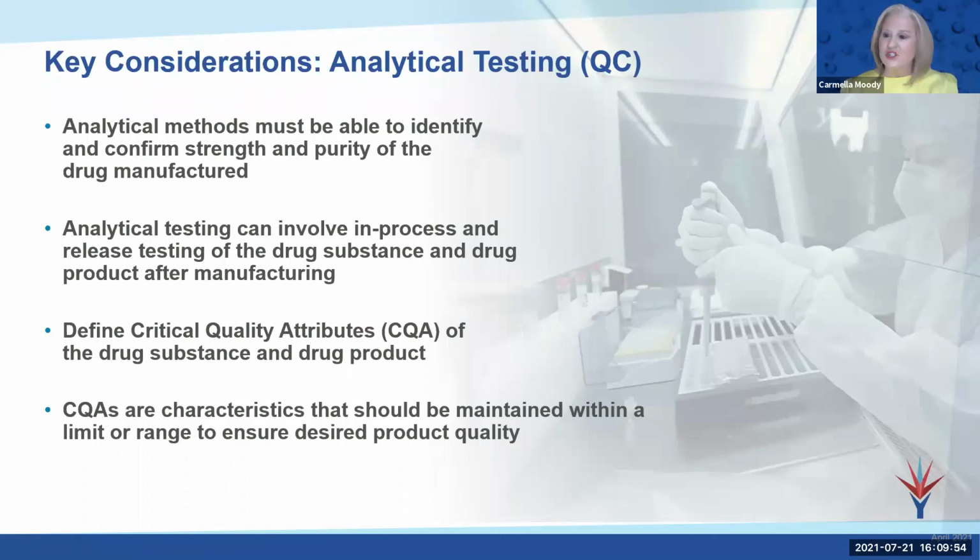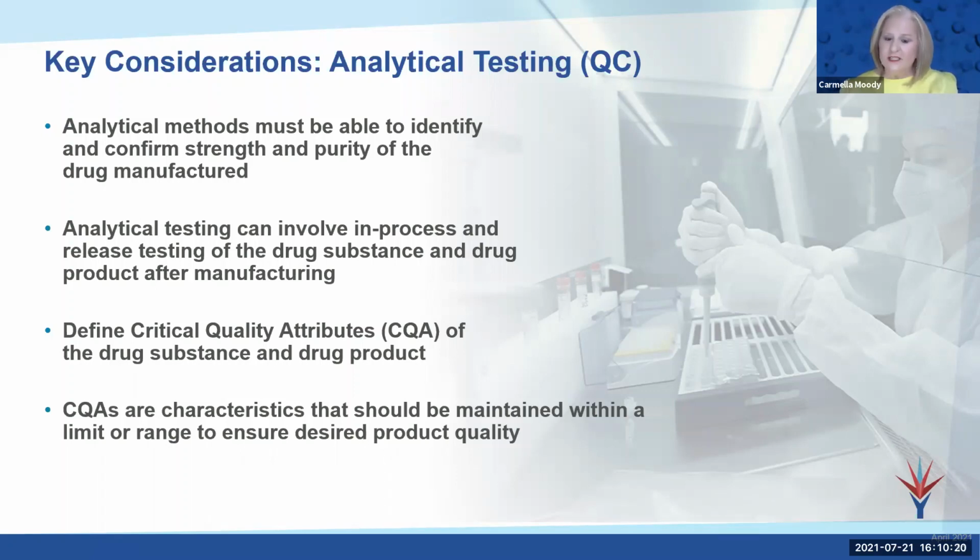One of the things that you're going to hear, if you go to CMC meetings in the recent past, are the acronyms or phrases critical quality attributes. Basically, the critical quality attributes are those attributes that when you change them, you change the quality of the product.